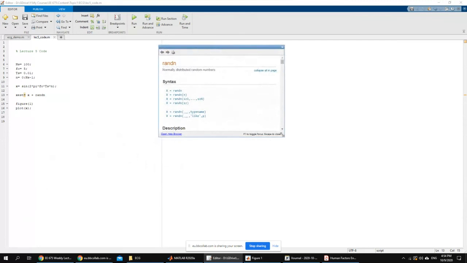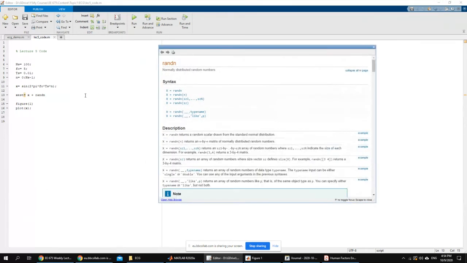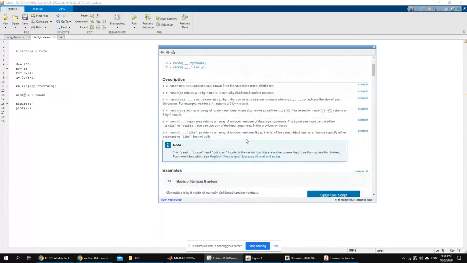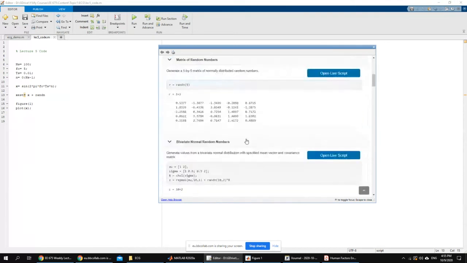All you have to do is use randn and put the array size. If I want an array of 100 by 1, I just write 100 by 1. That's it. It generates noise with a mean of 0 and standard deviation of 1.